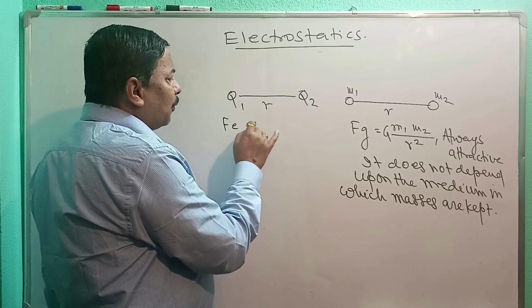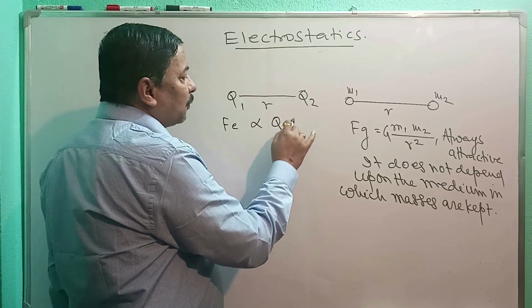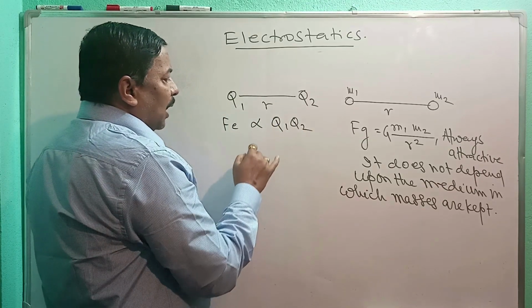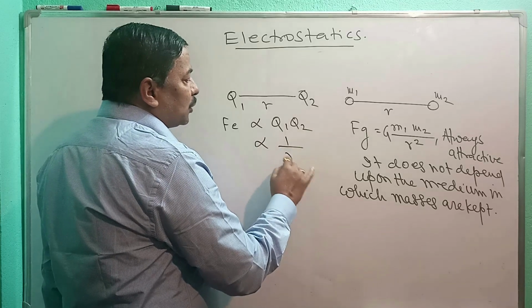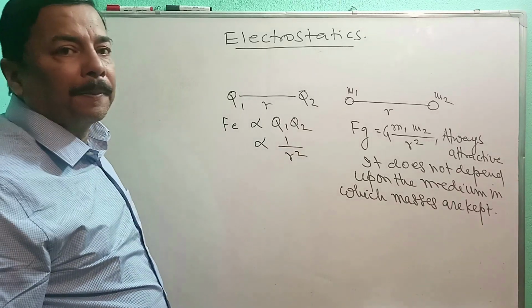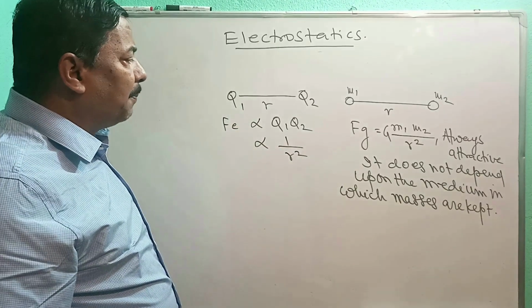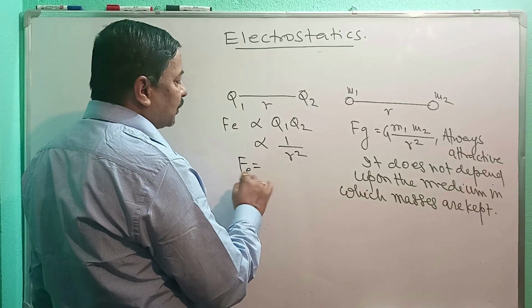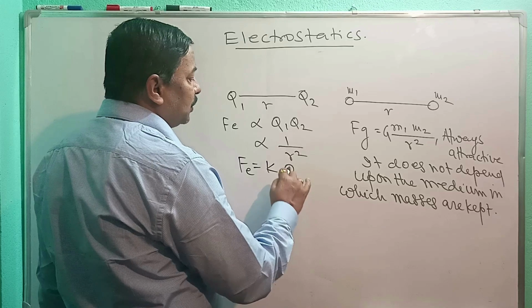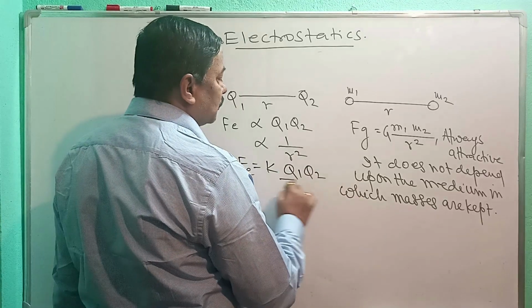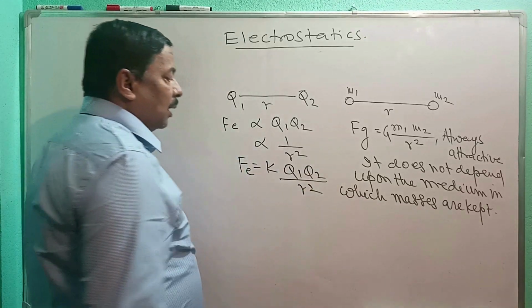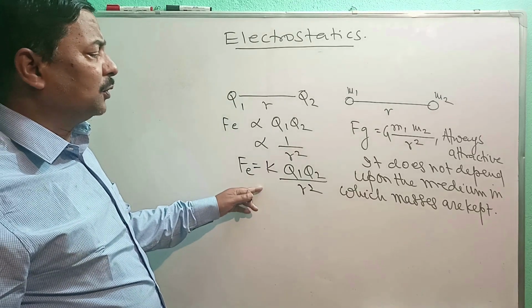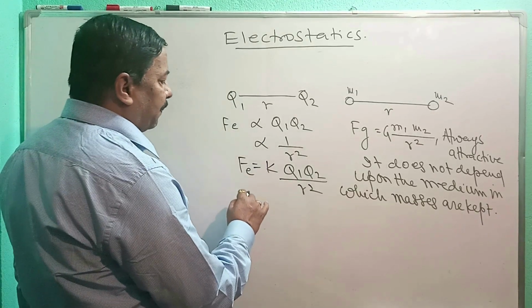That electrical force is proportional to the product of the charges and inversely proportional to the square of the distance between them. Combining these two results, the electrical force is equal to K Q1 Q2 by r square. It can be attractive or repulsive.